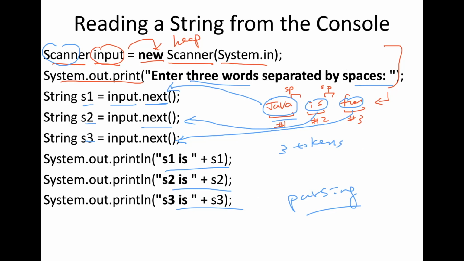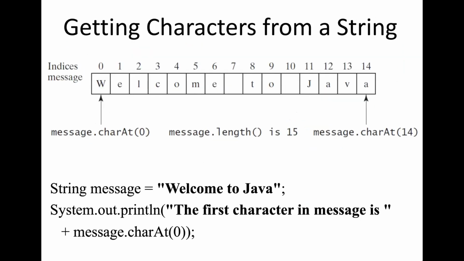Let's look at getting characters from a string. This is a very popular method. We went over this a few times. You can use charAt and specify the index location. Remember, your entire string instance consists of these characters, and these are 2-byte Unicode slots.